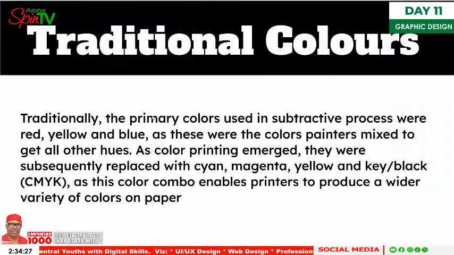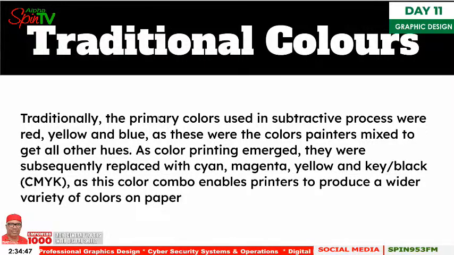We say traditional colors. Traditionally, the primary colors used in the subtractive process were red, yellow, and blue, RYB. I said it last time, as these were the colors painters mixed to get all their hues.